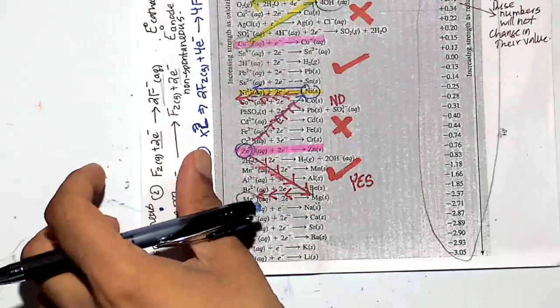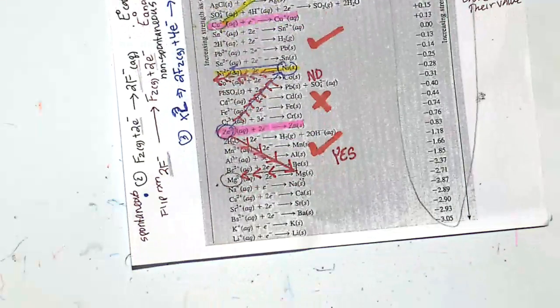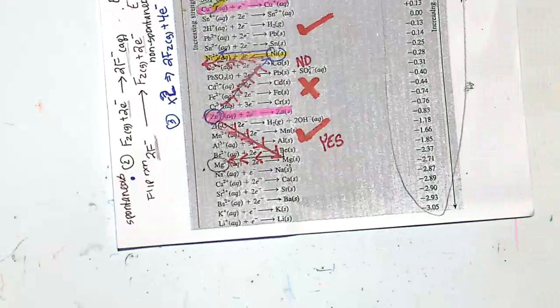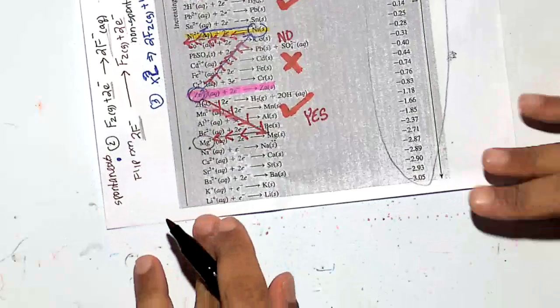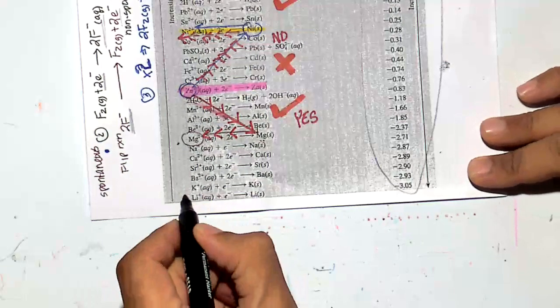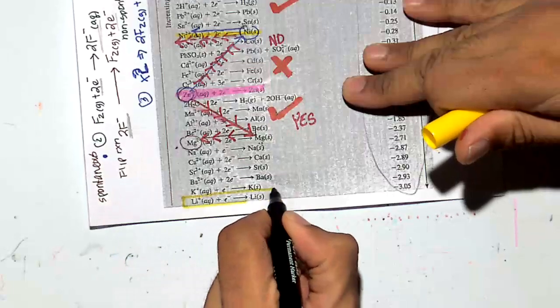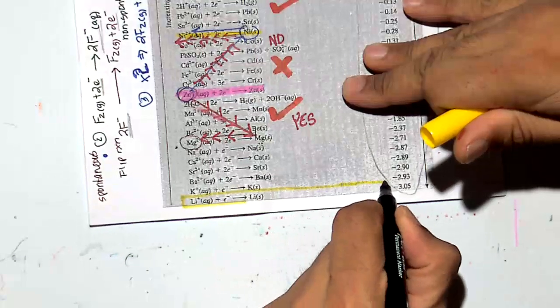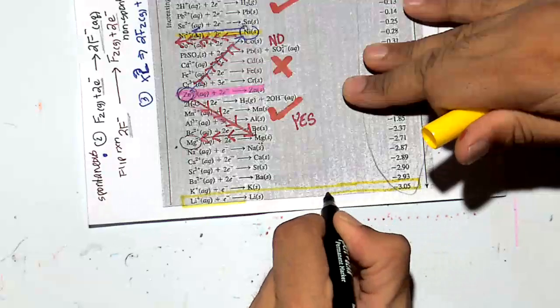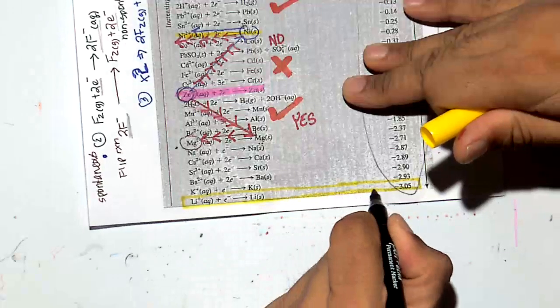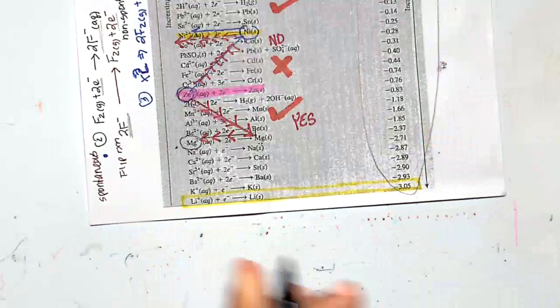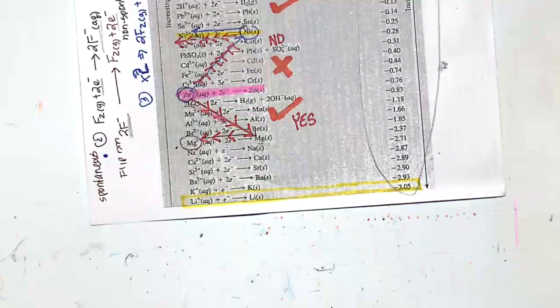Okay, let's go all the way to the bottom here. So we have here lithium plus 1 electron goes to lithium solid. That's minus 3.05 volts. So minus 3.05 volts, is that a spontaneous or non-spontaneous process?